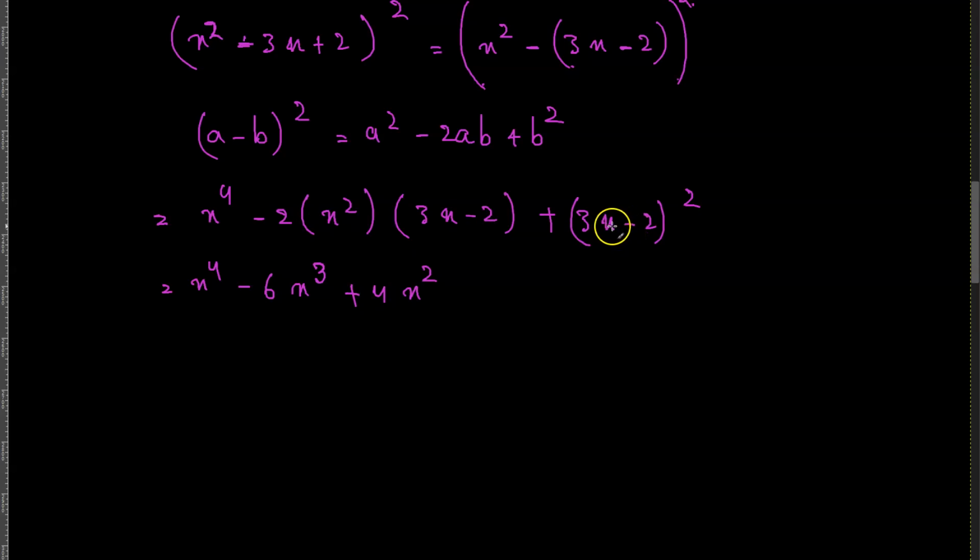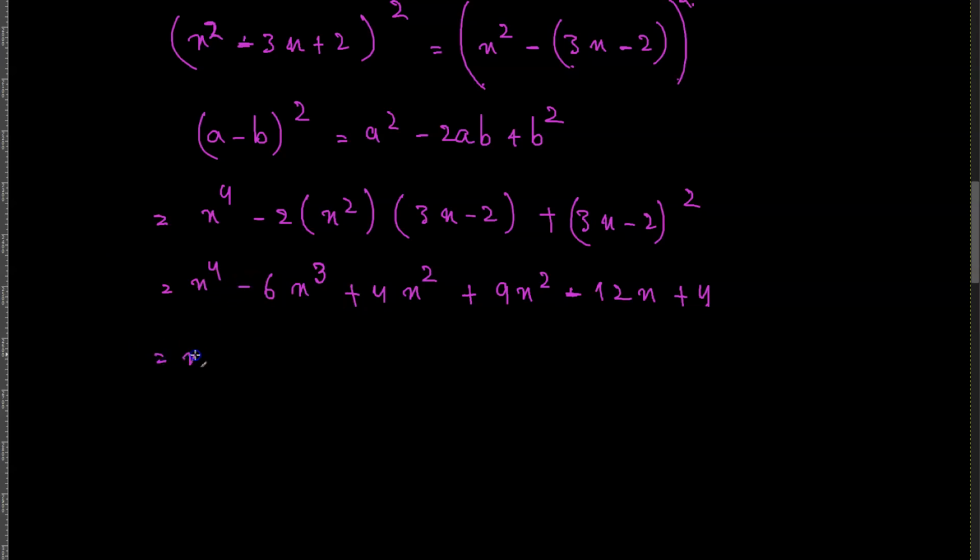Over here, 3x minus 2 whole squared is again a squared minus 2ab plus b squared. So you have plus a squared, which is 9x squared, minus 2ab, so negative 2 times 3x times 2, which is equal to negative 12x. And then b squared is equal to 4.